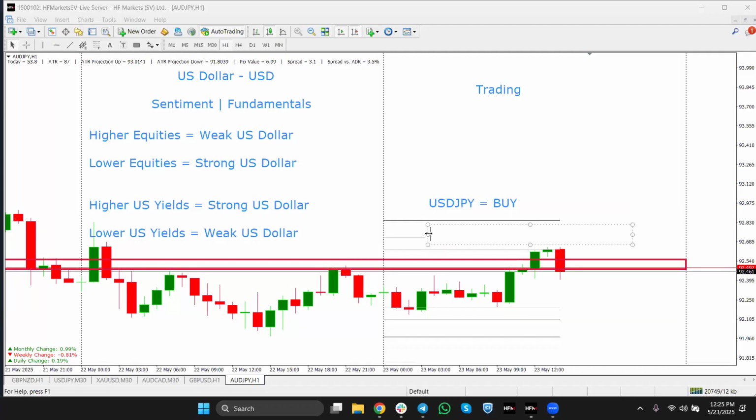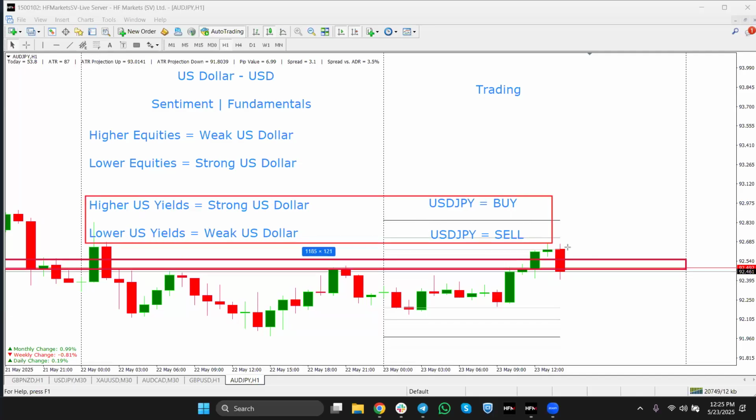But if we see yields lower, USD JPY is one of our favorite markets for that too. So one way or the other, the market where we really see a strong relationship between bonds market movement and the currency market is USD JPY.